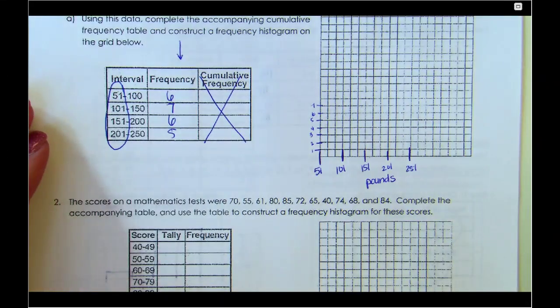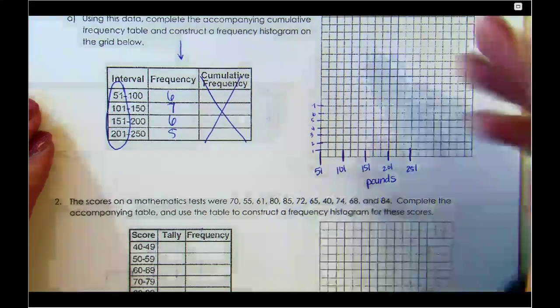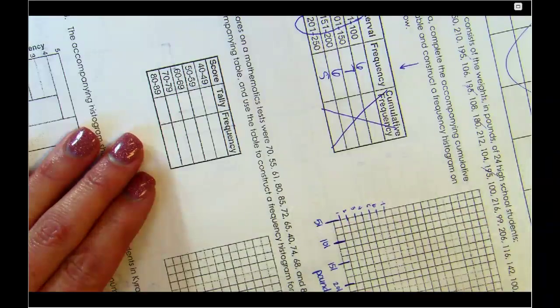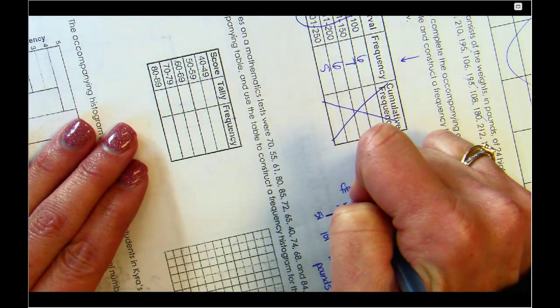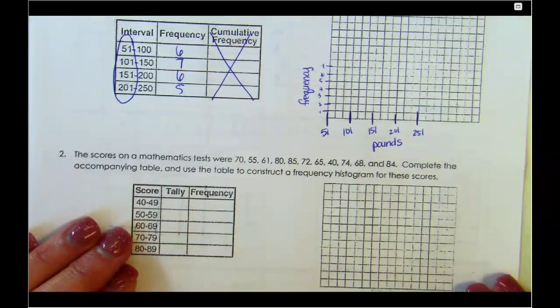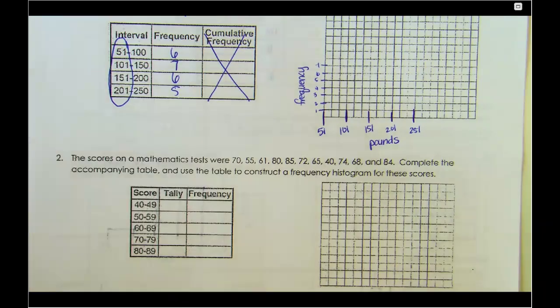No. We did 3 on the bottom. You could have done 2 on the side. So you can label this number of students because that's what we have here, the data of student weights, or you can write frequency. Okay, and then go ahead and finish those bars for me, please. And give it a title.